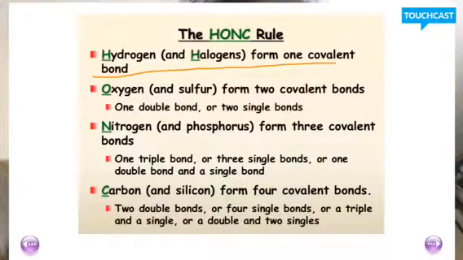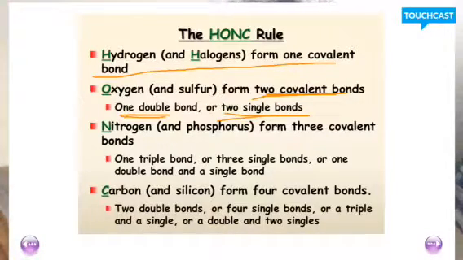Oxygen and sulfur, they are from group 6, they form 2 covalent bonds each. Okay, 1 double bond or 2 single bonds. Each element in group 6 will share 2 each. It's either 1 double or 2 single bonds.